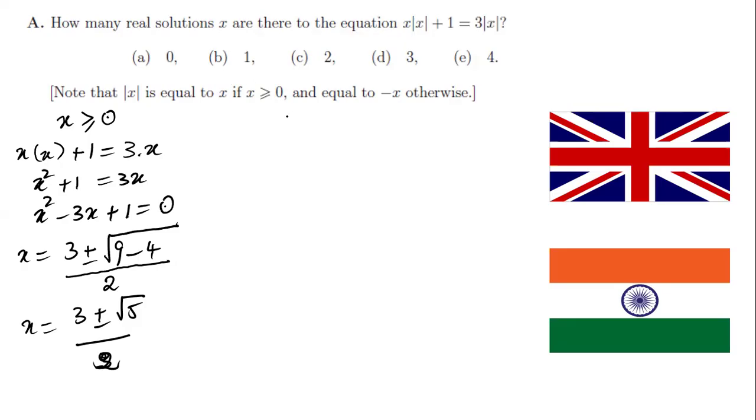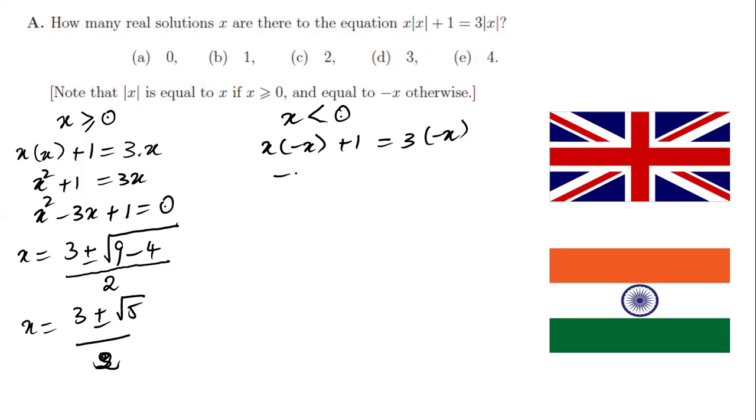Then we need to analyze x less than 0. So at that time, mod of x will be considered as minus x. So x into minus x plus 1 equals 3 into minus x.